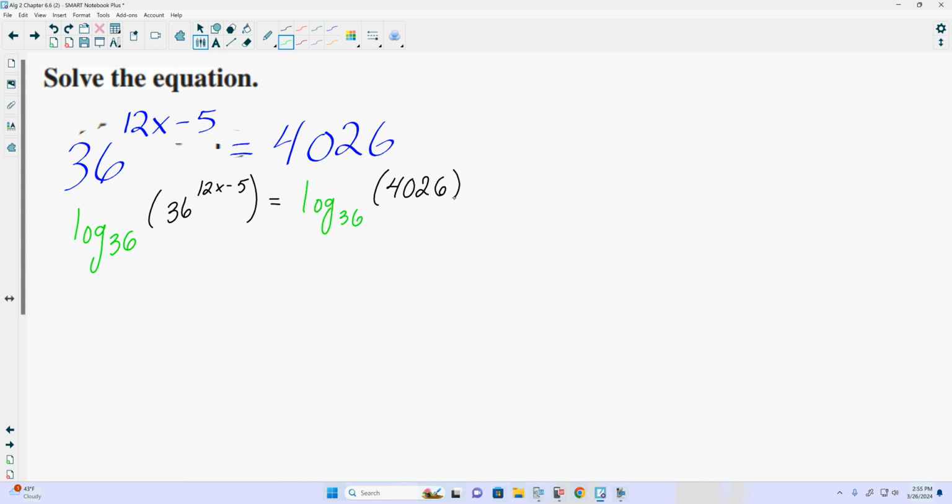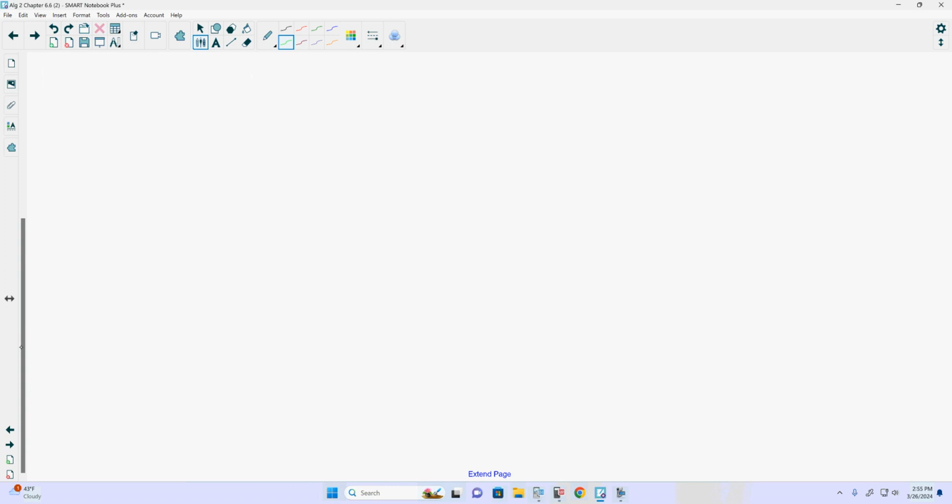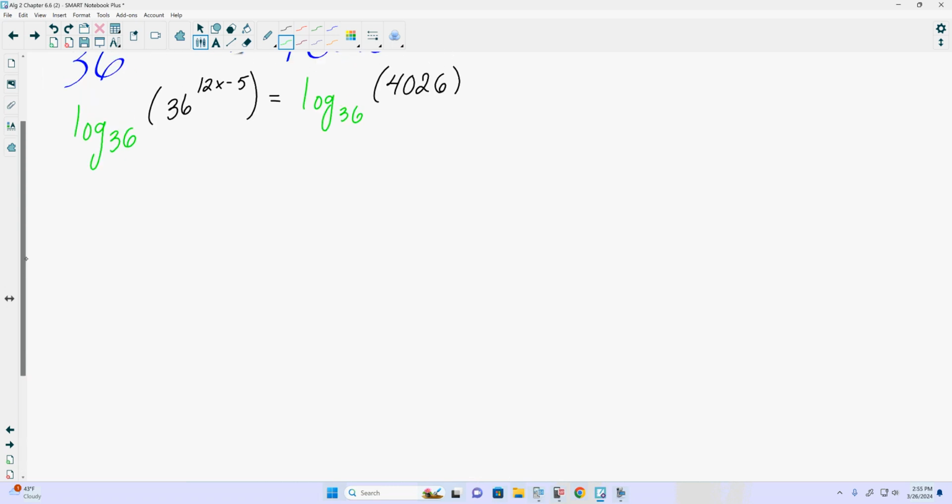Now our log base 36 of 36 to the 12x minus 5 is 12x minus 5. Now the other side is still going to stay log base 36 of 4026.